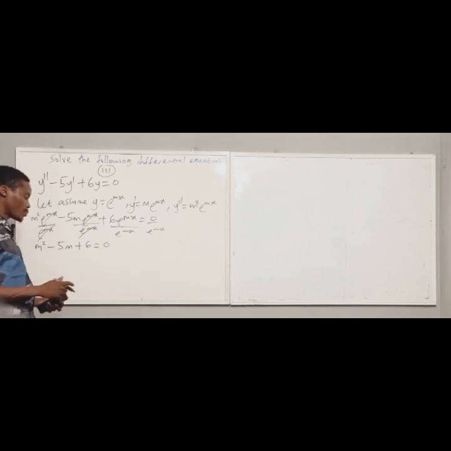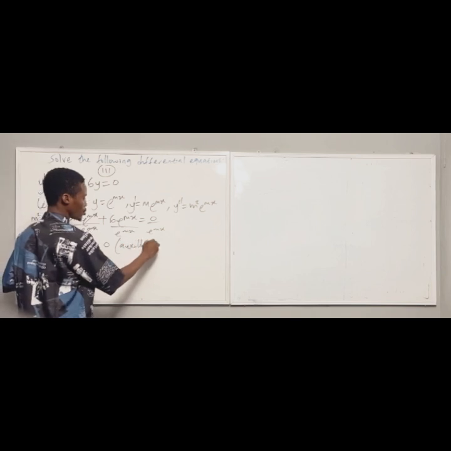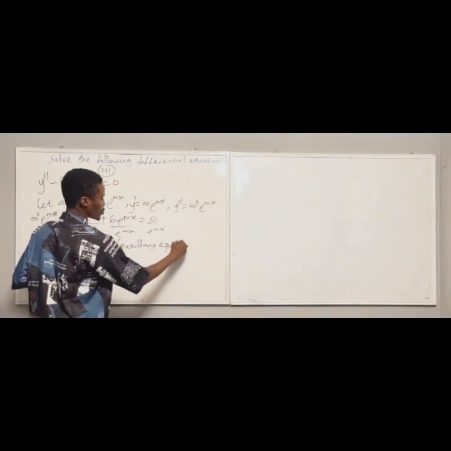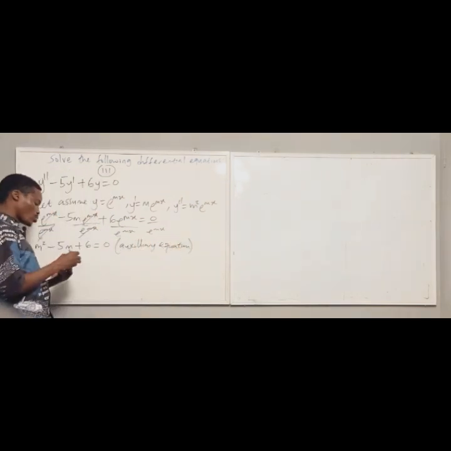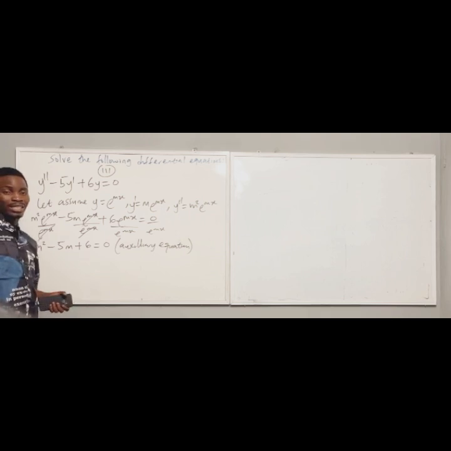So this is our auxiliary equation, which is a quadratic equation. How can we now solve it? We can apply the general quadratic formula, or we factorize. So let us factorize.